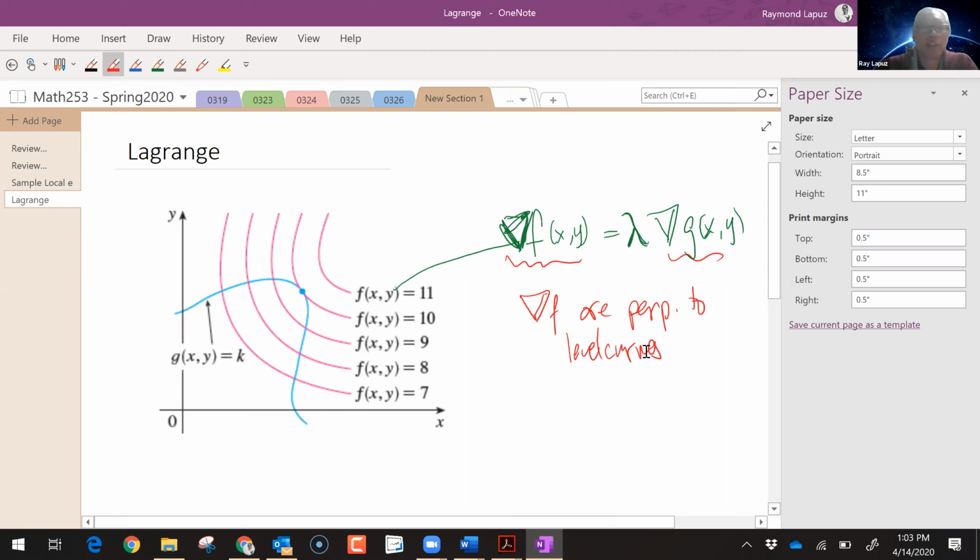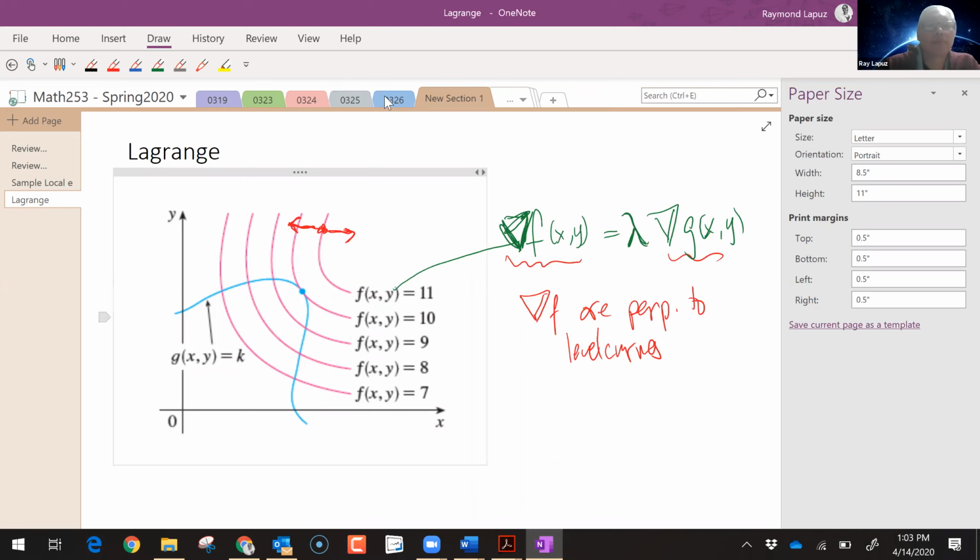So if we take a look at f, the gradients at certain points, there's 2 possibilities here for the gradients. And I think I'm drawing the correct one. By the correct one, I mean, which one's the correct one?